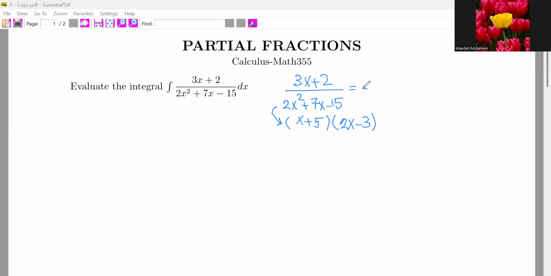So we would have two fractions here. The first one, x plus 5, and the second one, 2x minus 3.